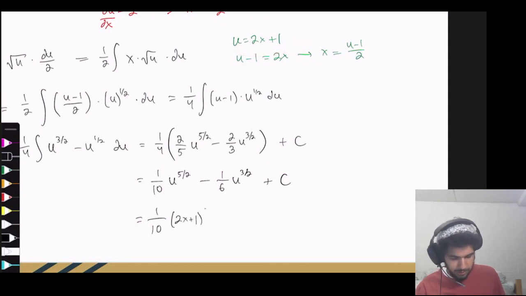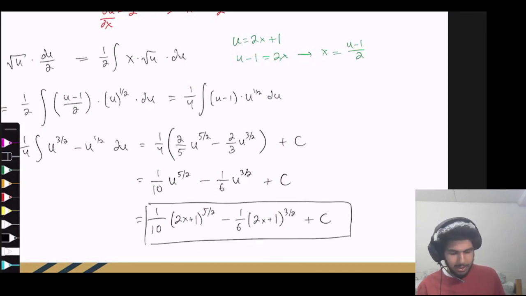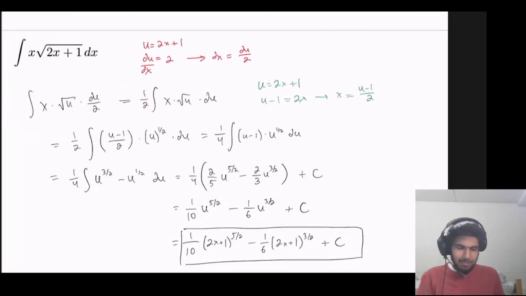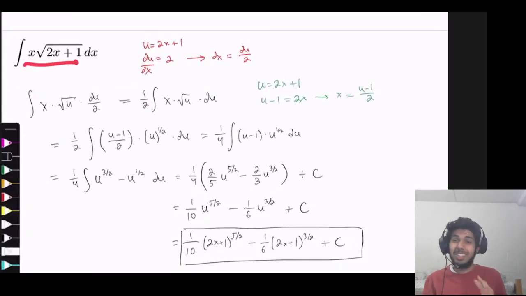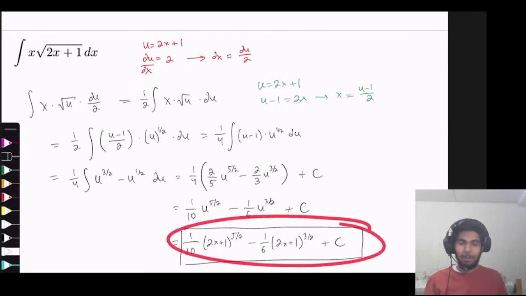So 1/10 (2x plus 1) to the 5/2 minus 1/6 (2x plus 1) to the 3/2 plus c. That is our answer. Just take a moment to recognize we started with that, and this is our answer.